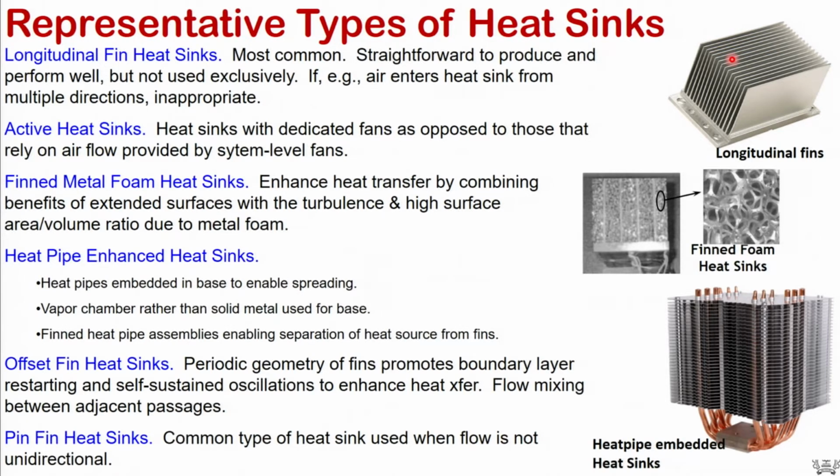Most of the electronics you see use these parallel plate heat sinks because of their simpler construction, lower cost, and also the performance per cost is extremely good. Even though there are so many other enhancement schemes, in industry, not in academic research, cost is a much bigger player. So parallel plate heat sinks are typically used.